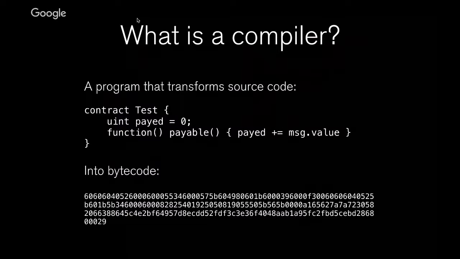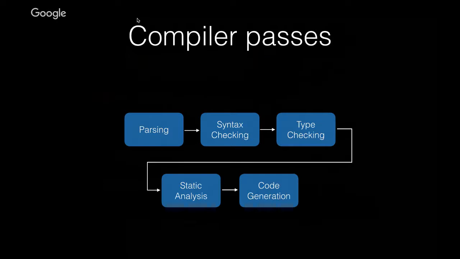In fact, compilers are one of the most complex pieces of software, but fortunately, we understand very well how to structure them in a way that makes them comprehensible and that allows us to deal with this complexity. So compilers are usually structured into different phases.